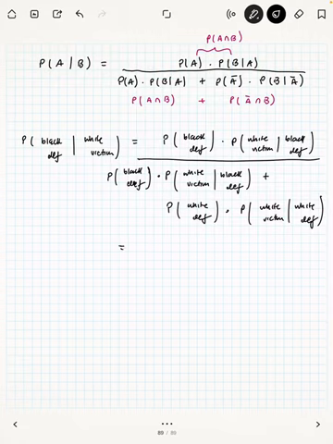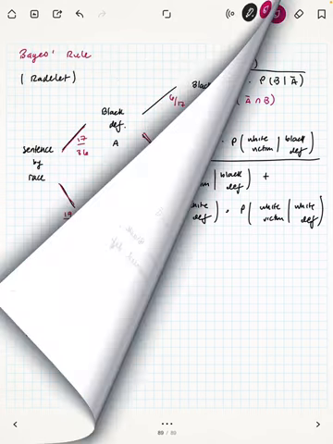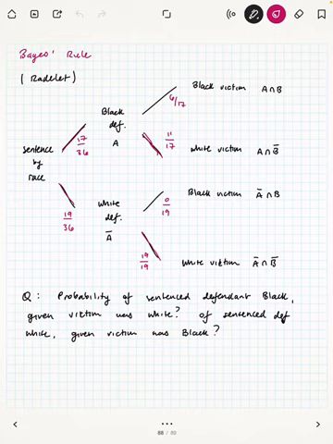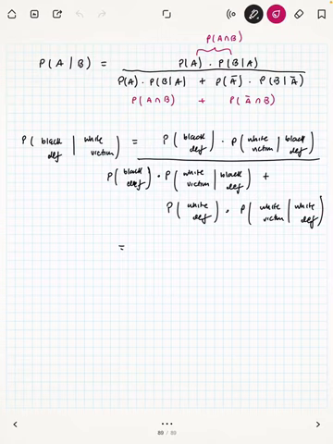And if we go ahead and calculate this, we can fill in all the pieces here. So what's the probability of a black defendant and a white defendant? The probability of a black defendant is 17 out of 36, and white defendant is 19 out of 36.